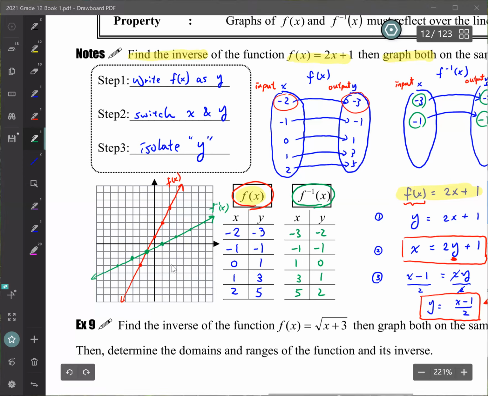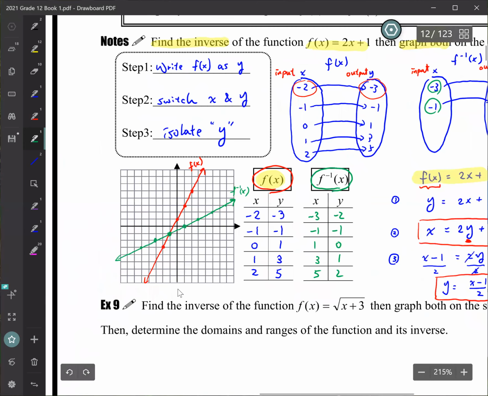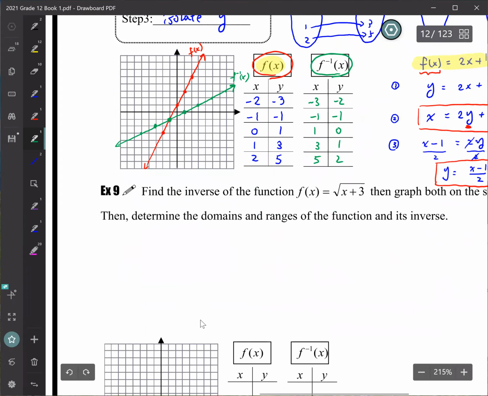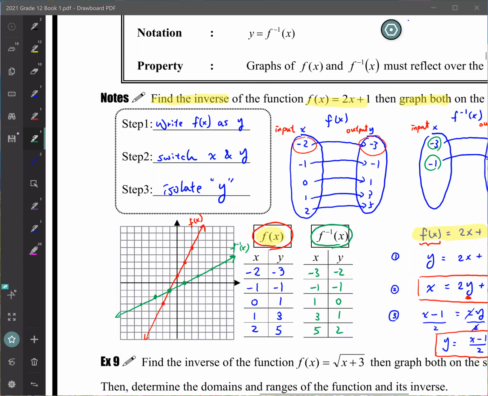Okay, please raise your hand if you finish the graphs. Okay, raise your hand if you're done the graph.